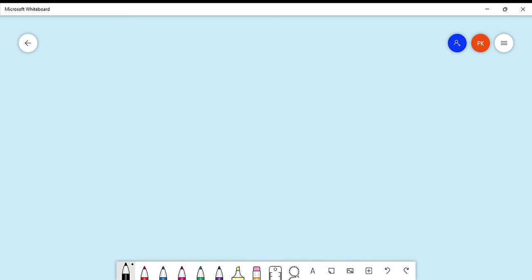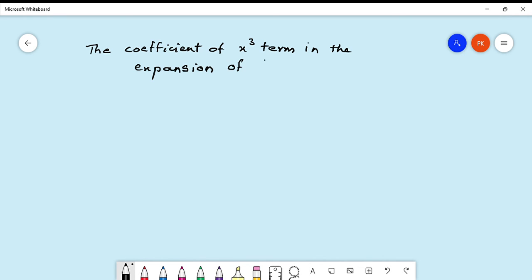So here the coefficient of x cube term in the expansion of 4 minus kx to power 5 is minus 4320.